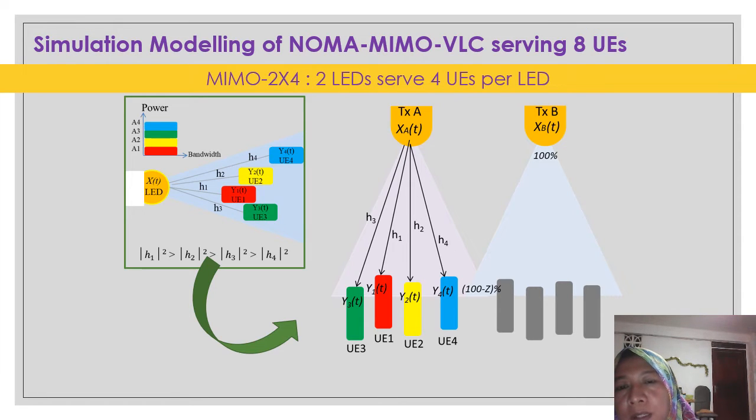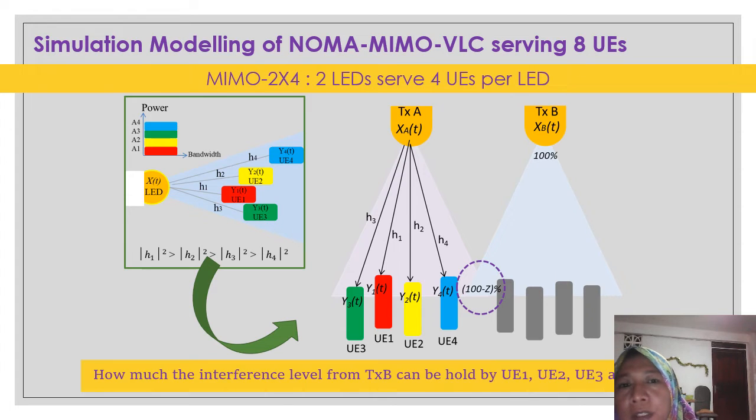Here we consider it as 100 minus Z percent. The level of interference is varied, and we want to find out in the simulation result what the minimum SNR required is to hold the level of interference from the neighbor LED.